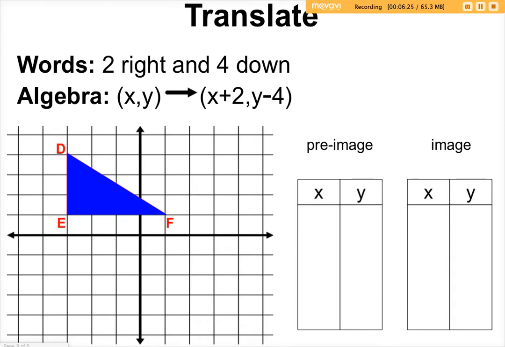Okay, let's take a look at an example. All right. We're going to translate the shape, and our instructions in words say 2 to the right, 4 down. Here's what that means.